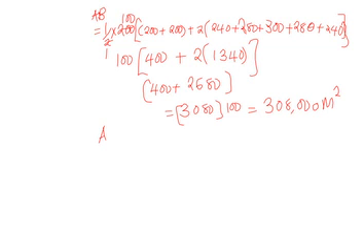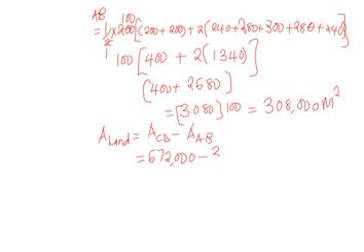So the area of the land is given by the area under the curve CD minus the area under the curve AB, which is equal to 672,000 meters squared minus 308,000 meters squared, and when we subtract, we get 364,000 meters squared.